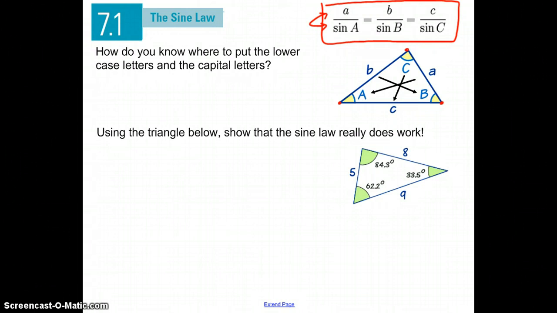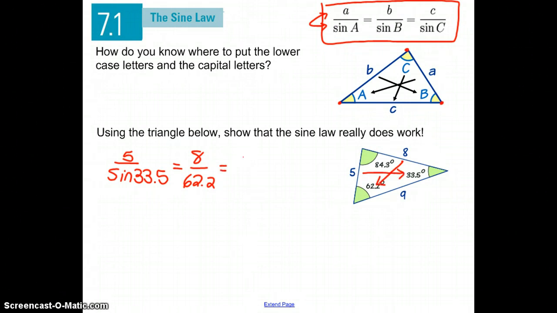So let's show that the sine law really does work by putting these into our ratio and figuring out if they're all the same. So if we have 5 over, and what should be paired with the 5? Good, so sine 33.5, and that should be equal to 8 over, what goes with the 8? Good, sine 62.2, because again, they're across from each other.